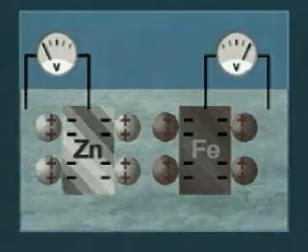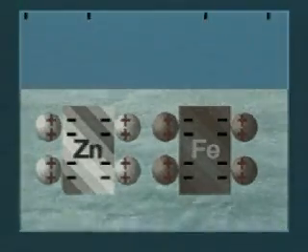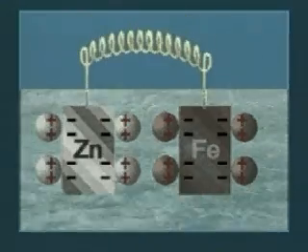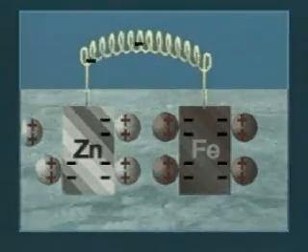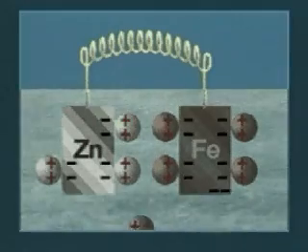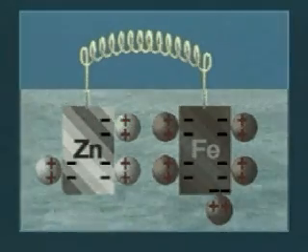The metal with the higher wet corrosion voltage becomes the anode and starts to corrode. When this happens, electrons flow from it to the other metal, and this becomes the cathode where no corrosion occurs.